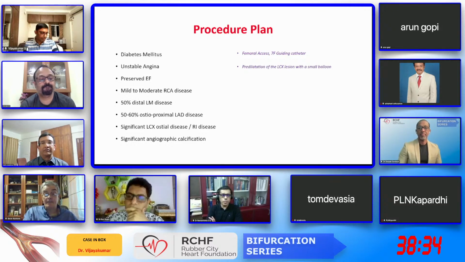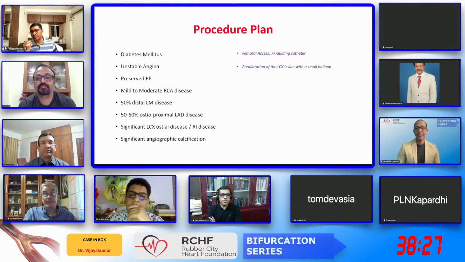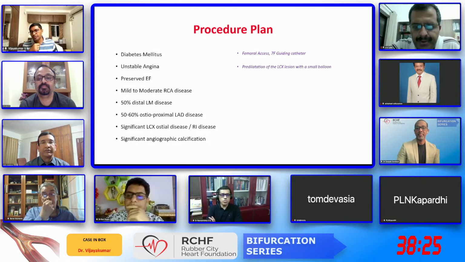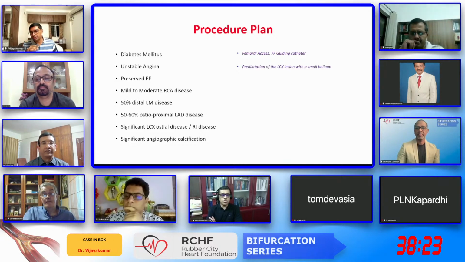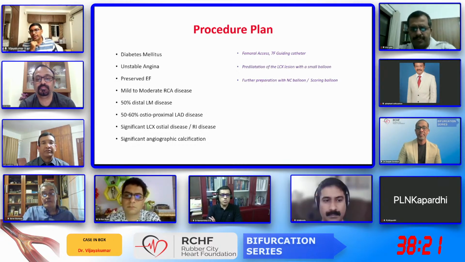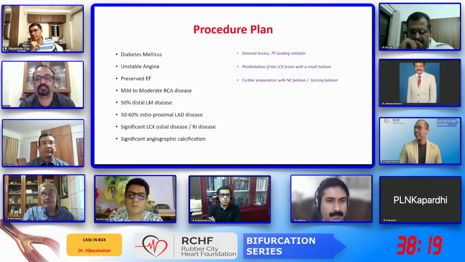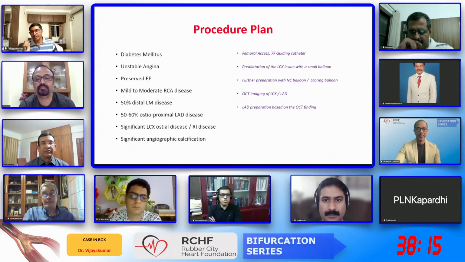Sure. Femoral access, 7 French guiding without pre-dilatation. The lesion looked very tight, so we start with a small balloon because we are not sure whether the larger balloons will track in. Further preparation with NC balloon and scoring balloon, and OCT imaging of LCX and LAD, and LAD preparation based on OCT findings.